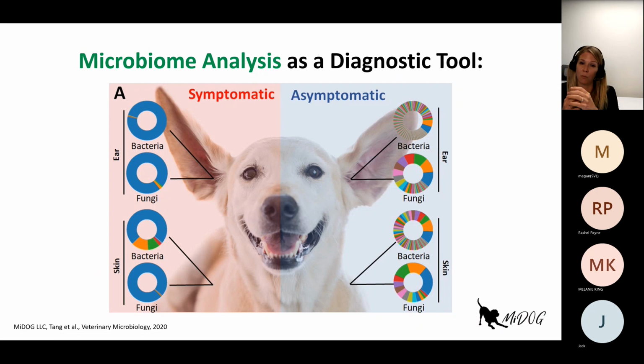And then if an organism is more abundant than others, then their donut piece would be a little larger or smaller. So in this case, every different color on this donut is a different bacterial species, and here different fungal species. And you can see there's a lot more different bacteria than there are fungi, and the same principle holds true for the skin.